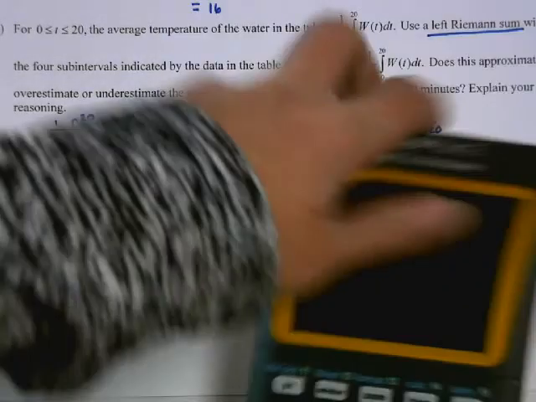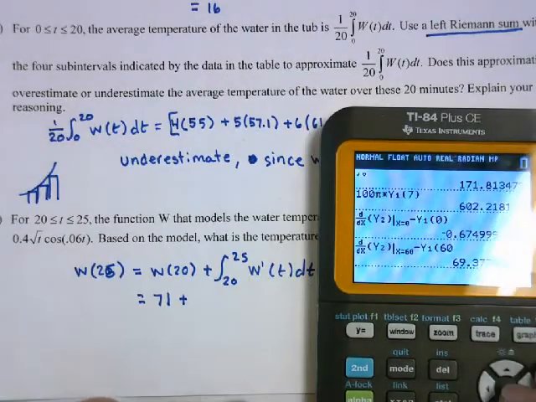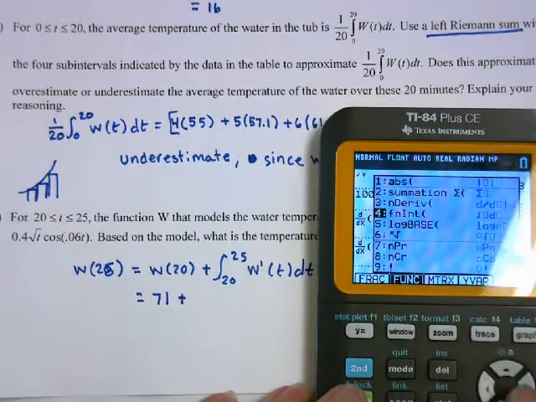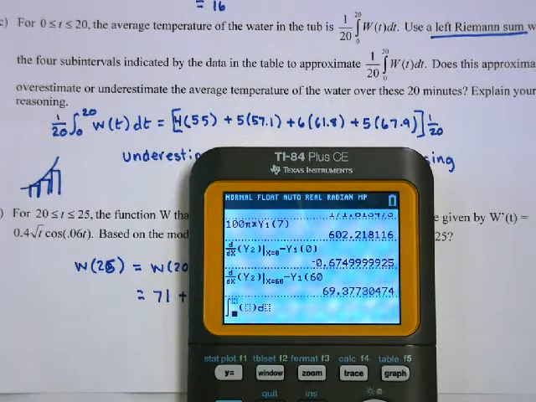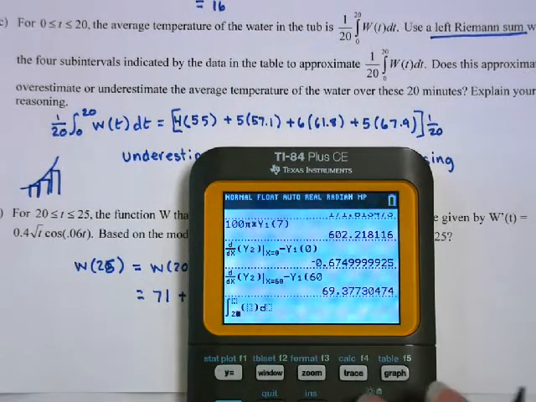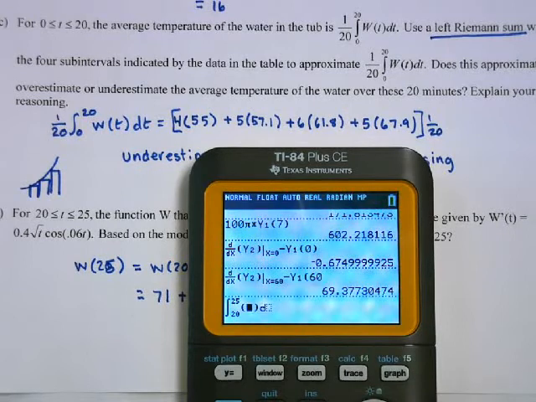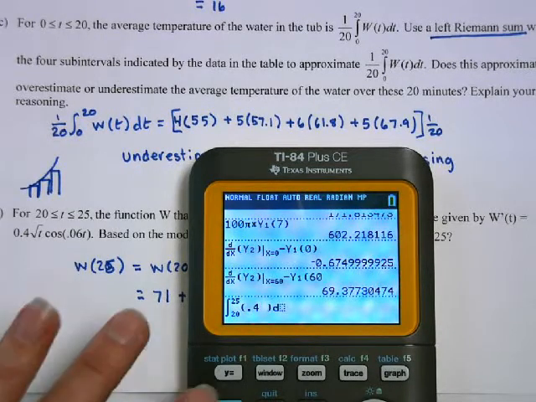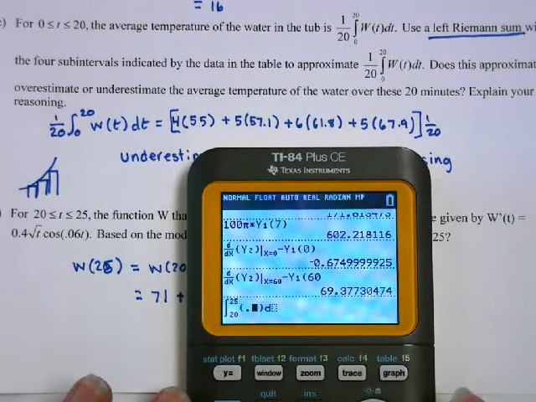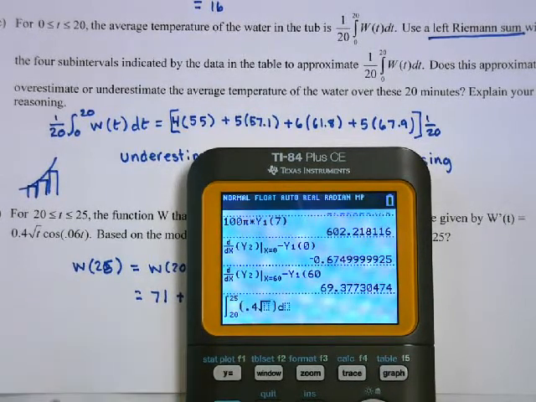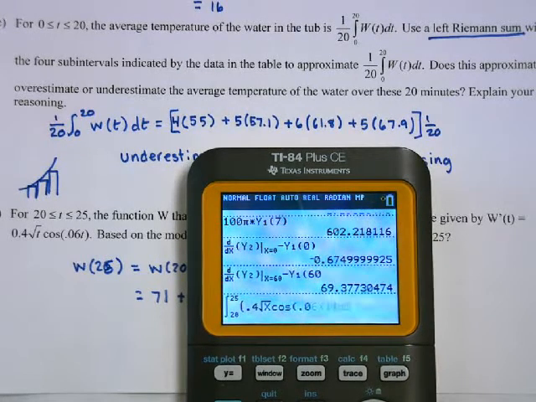The integral here, so let's use the calculator. We have the integral from 20 to 25 of 0.4 root x cosine 0.06 x dx.